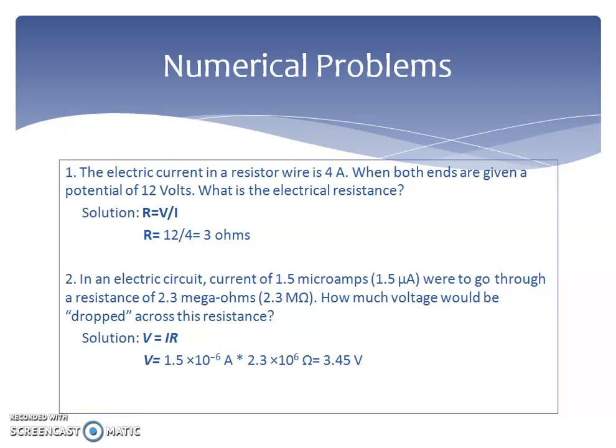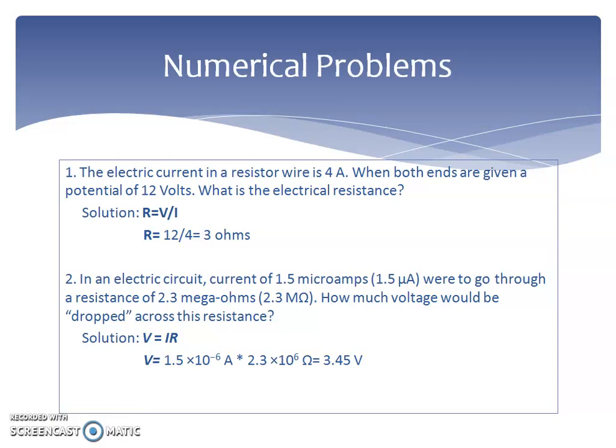So current is 1.5 into 10 raised to power minus 6 ampere. This current flows through a resistance of 2.3 megaohms. Now what is mega? That is 10 to the power 6. So the value of resistance in ohms is 2.3 into 10 raised to power 6 ohms.